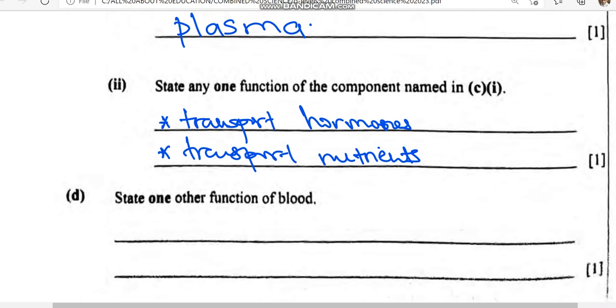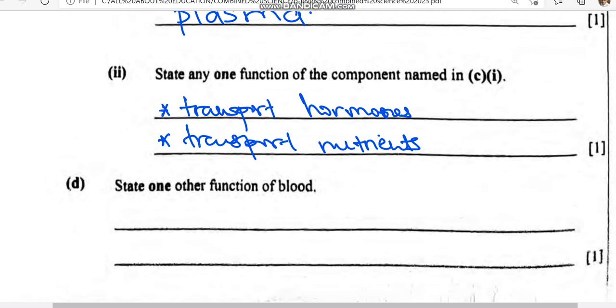There are two other functions of blood, because blood has about three general functions. The other functions include homeostasis. And also another function of blood is defense.